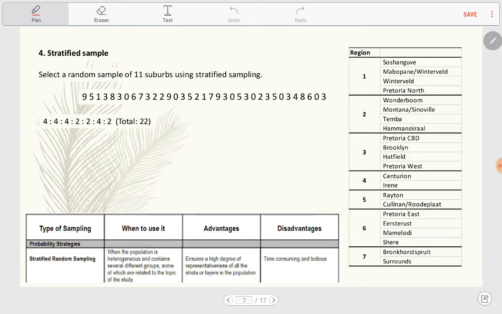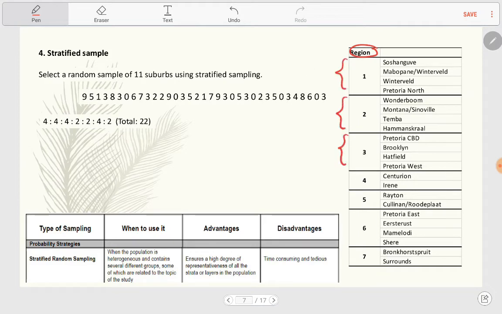Then for stratified sampling, this one is similar to your clustering, but here you have your groups again, but there's something that is linking everyone within a group. So they have some characteristics that might be important. For example here, I have divided them into regions 1 to 7. And note well, all of these groups have specific names.